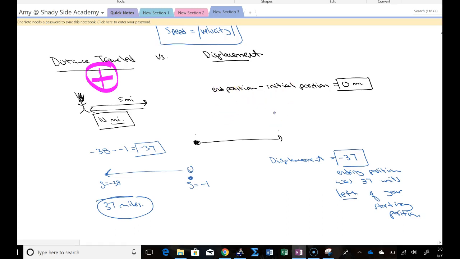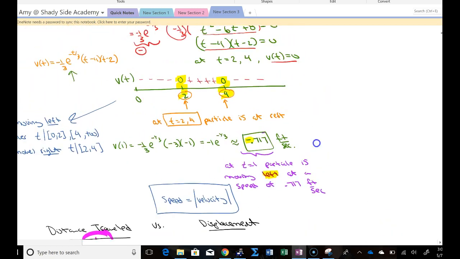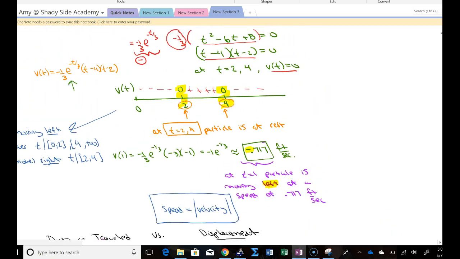Which then brings me to the question over here about this little particle, okay? We want to find the total distance traveled by the particle from time t equals 0 to time t equals 5. So I'm just going to put on this number line, here was time t equals 0, and time t equals 5 is right here somewhere.